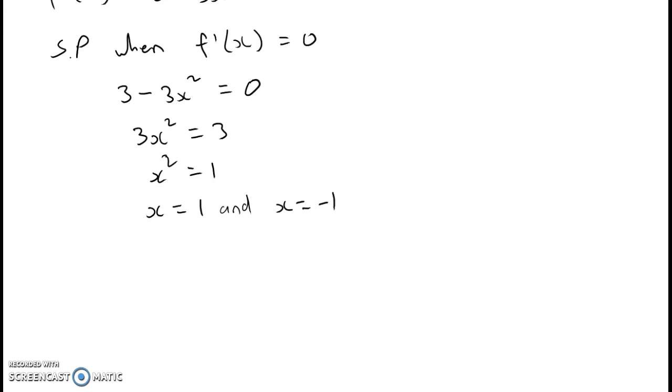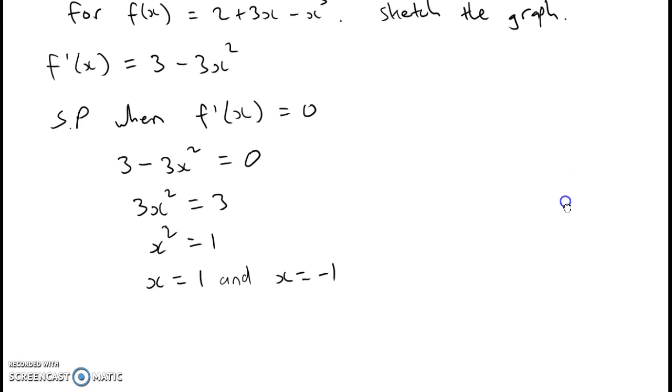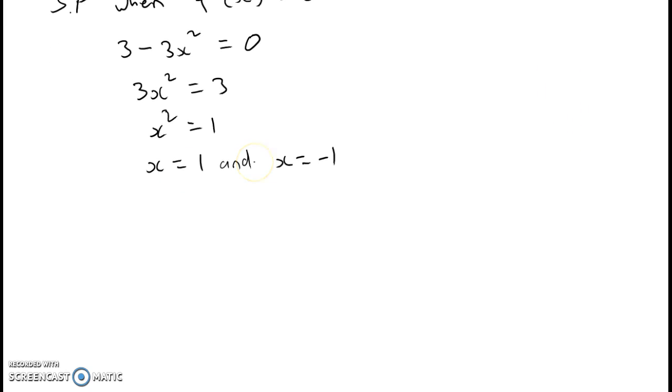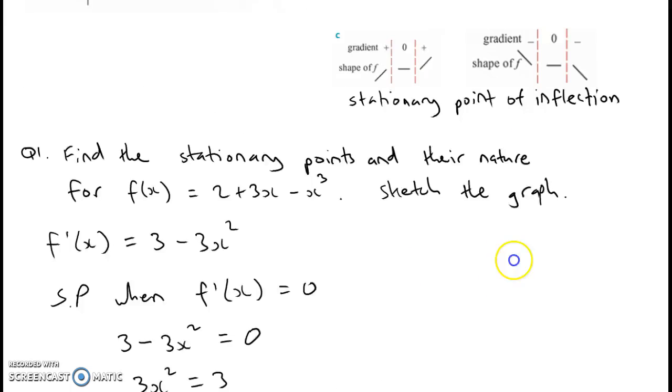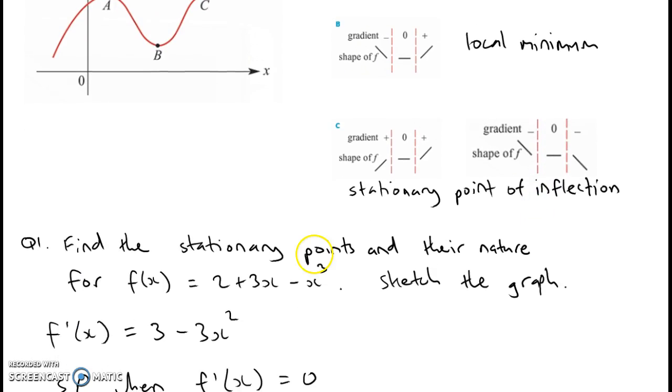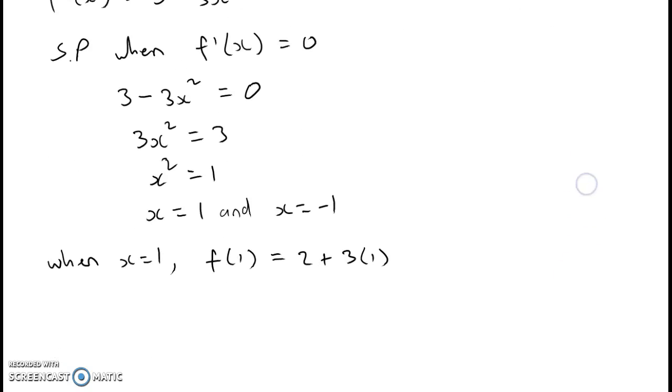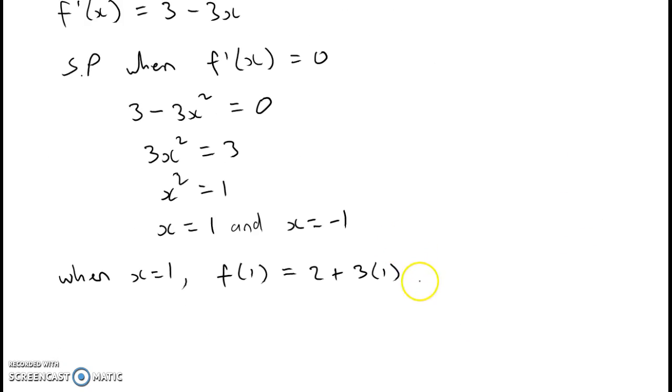Alrighty, now we need to go ahead and find the y coordinates of the stationary points. So we can sub these x values back into our original function. So when x equals 1, we'll have the function equal to 2 plus 3 times 1 minus x cubed, so minus 1 cubed.